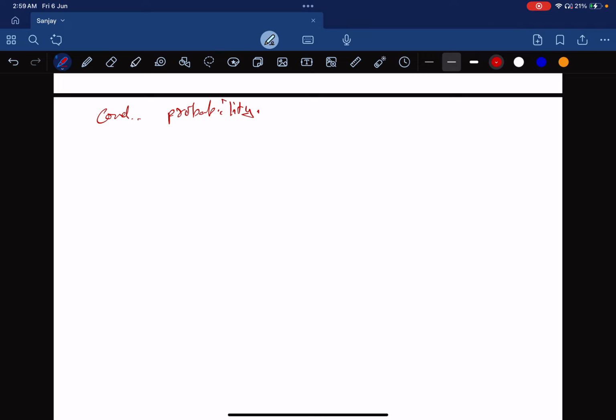Mathematically, the conditional probability is written as P of x given y. It is read as P of x given y. This means we need to find the probability of x, given that y has already happened. We already know y, and we need to find the probability of x in y.